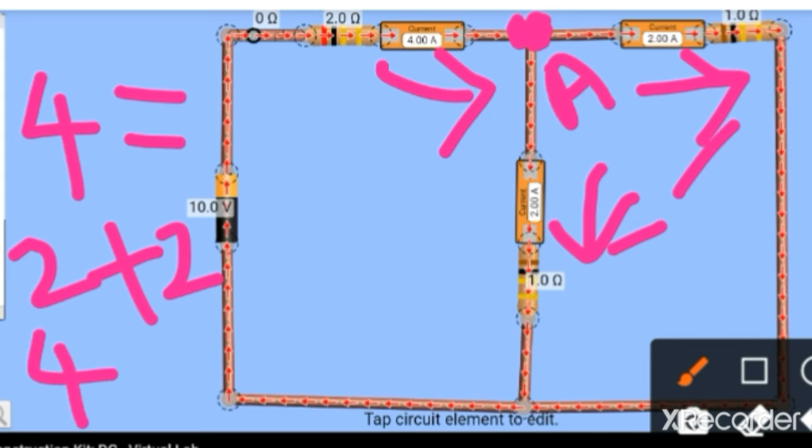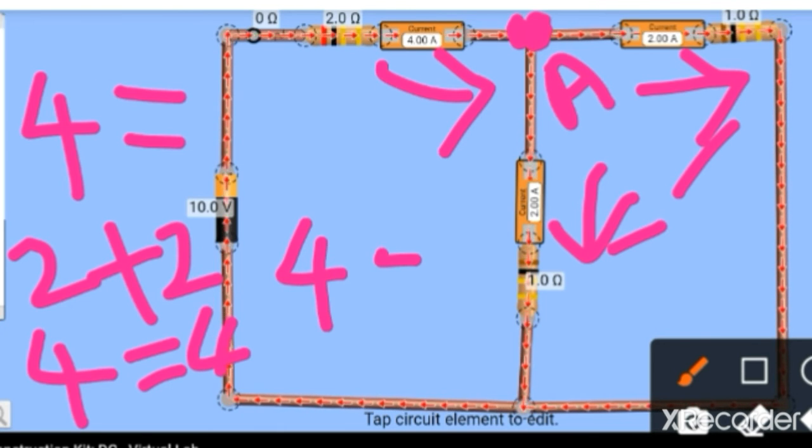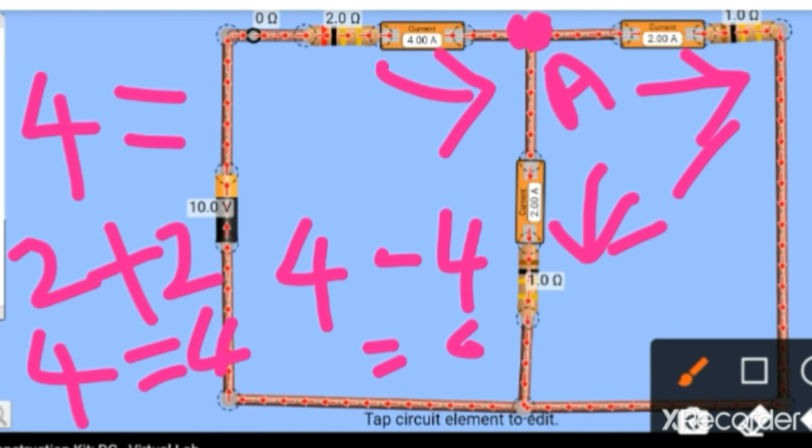So the sum of incoming current is equal to outgoing current, or the sum of incoming current plus the sum of outgoing current, taken with a negative sign, is 4 minus 4 equal to 0. Okay, so this is Kirchhoff's current law. At the node point, the net current is equal to 0; the sum of incoming current and the sum of outgoing current are both equal.